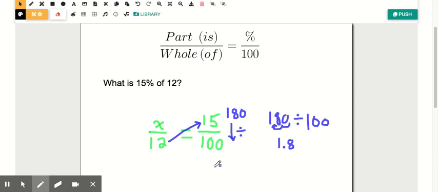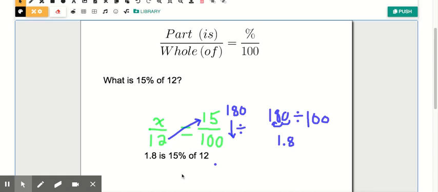I would make sure that I rewrite this out now, and I would say that 1.8 is 15% of 12. I think it's really important to rewrite it out that way, so that once you get your answer, you understand the relationship between the part, the whole, and the percent.